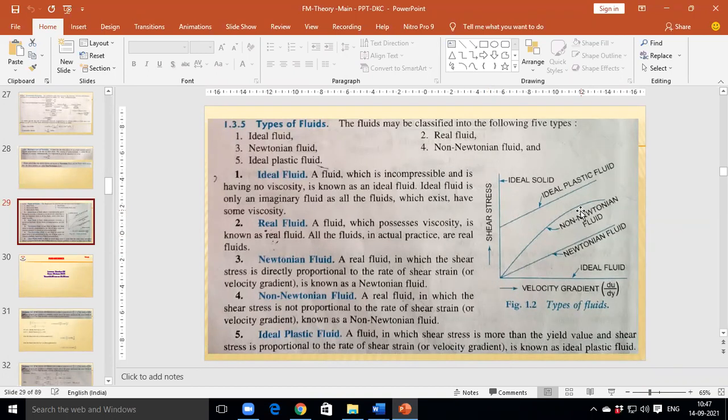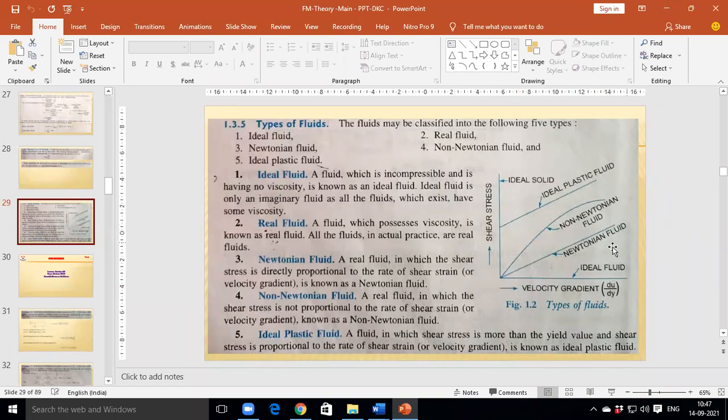If we plot the graph of shear stress versus velocity gradient, the graph passes through the origin, but it is not a straight line. It is a curve. It may be this type of curve, or it may go upside or downside. That is called a non-Newtonian fluid.